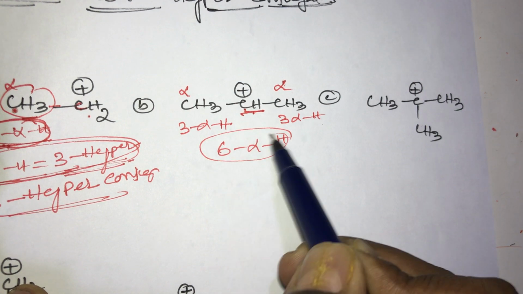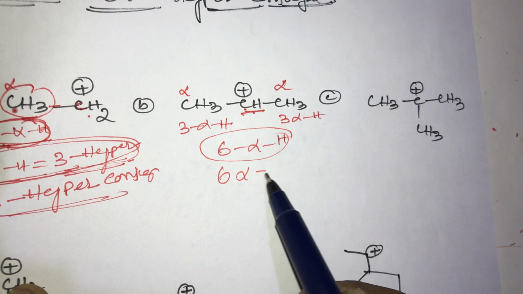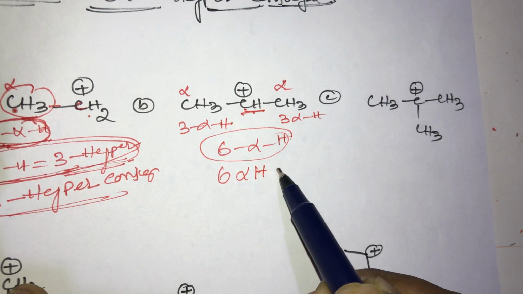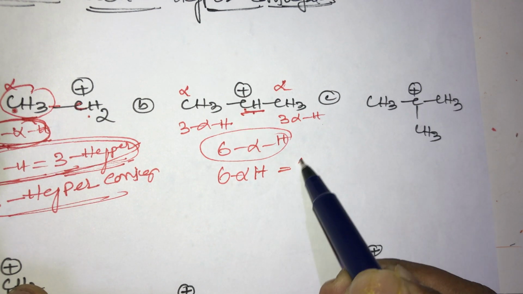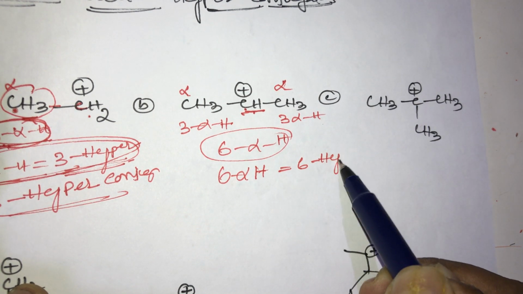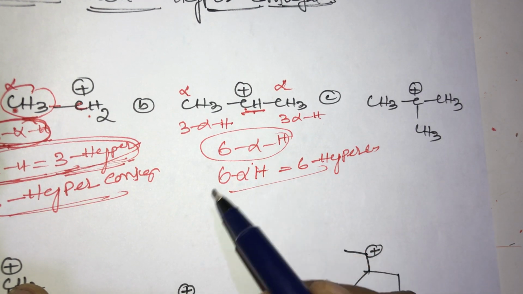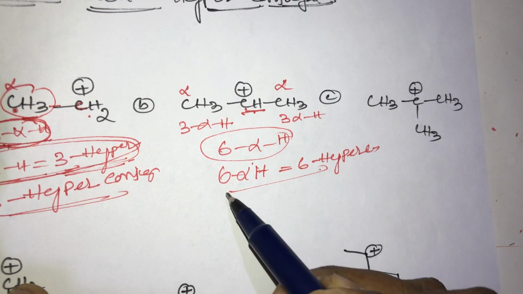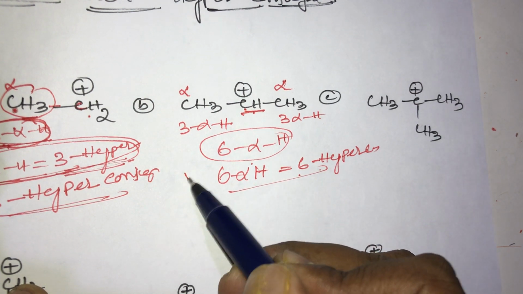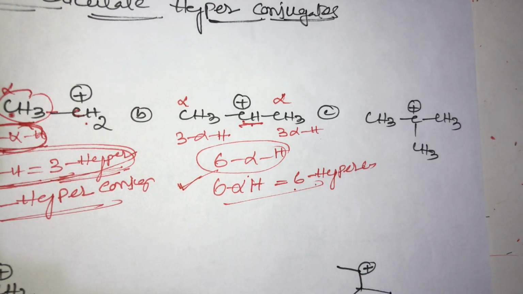These 6 alpha hydrogens equal 6 hyperconjugates. Simply remember, students, 6 hyperconjugates. So the second compound has 6 hyperconjugates.